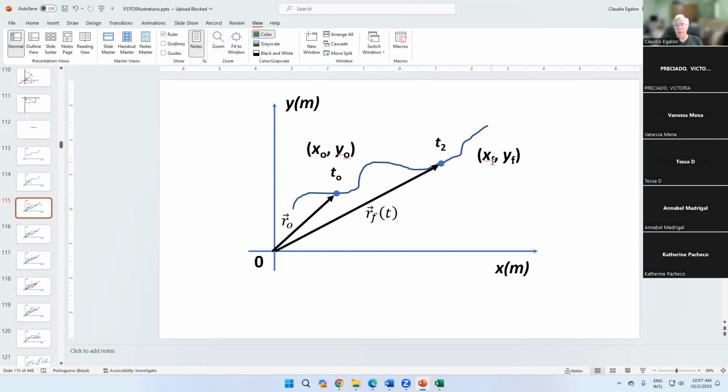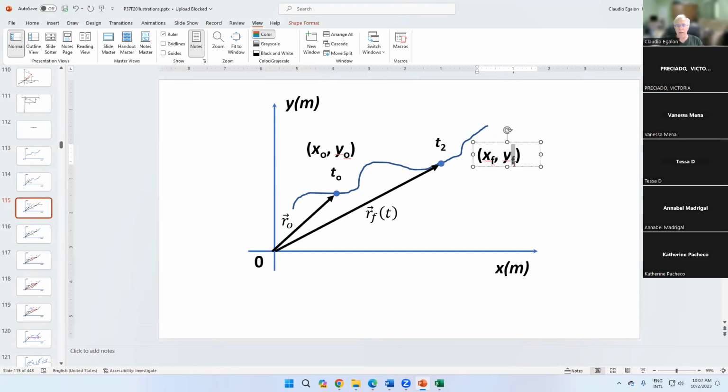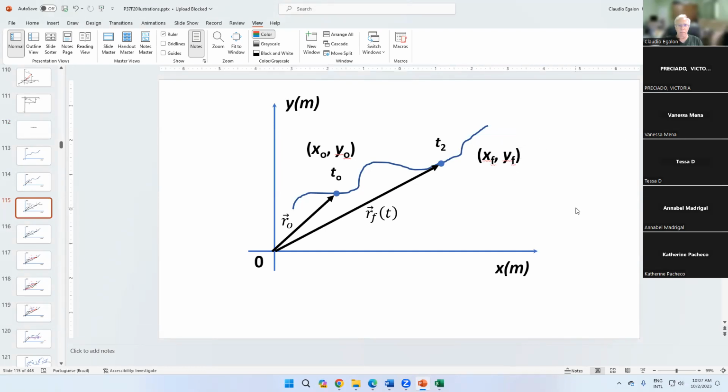Recall that in general we drop the lowercase f. I put T2 here, and there's a reason why.